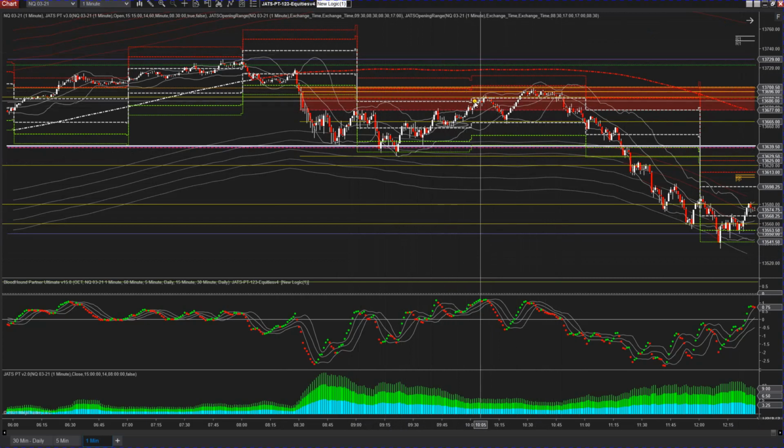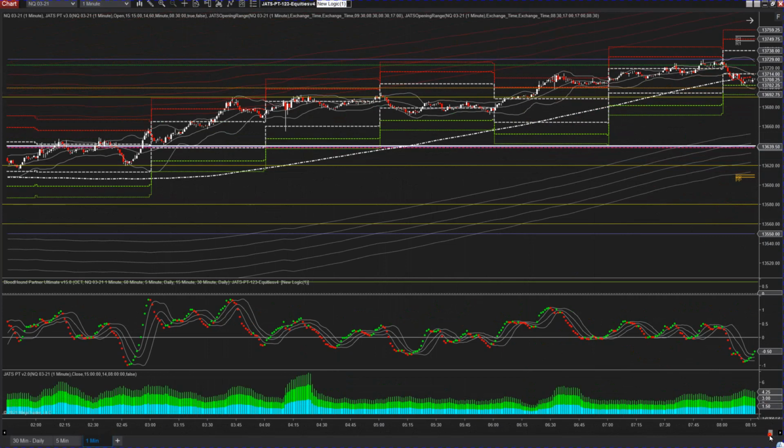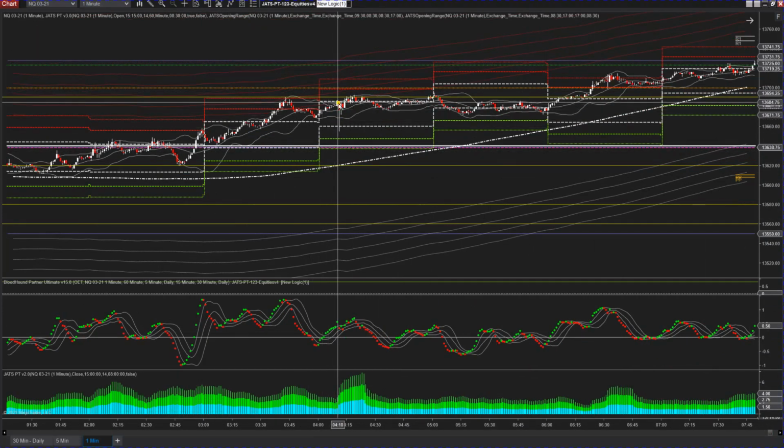But otherwise, you'll see how the algos will park price inside the ones. So that is a target area to trade to. You'll find that price sits inside the one quite a lot and ranges up and down.